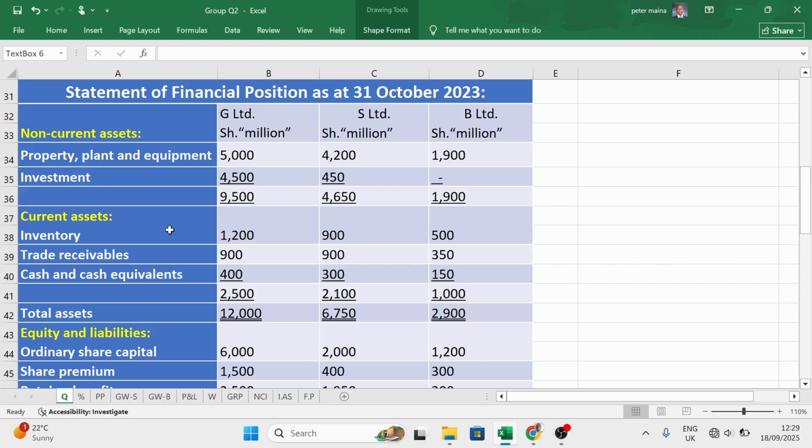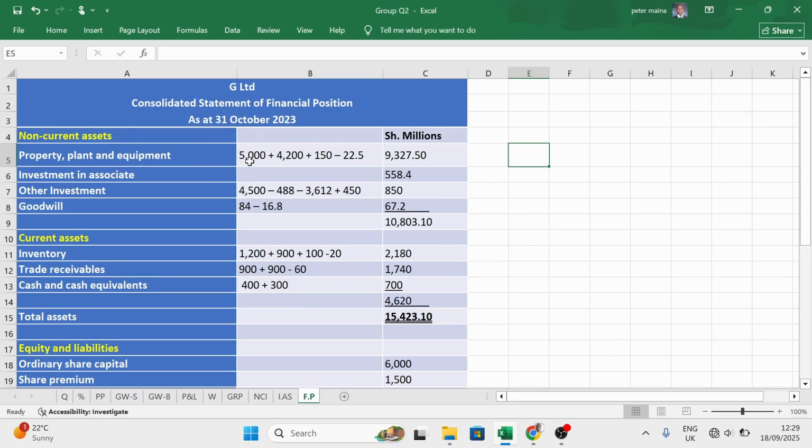So during consolidation, we are going to add the assets of G Limited to those of S Limited, but we are not going to add B Limited because we don't consolidate associates. So 5,000 we are going to add to 4,200. That is what we are doing here. 5,000 we have added to 4,200.